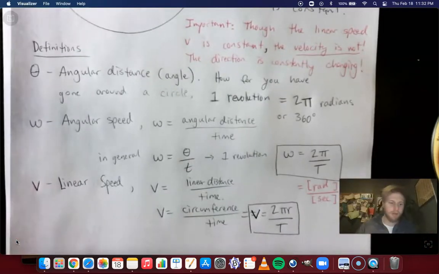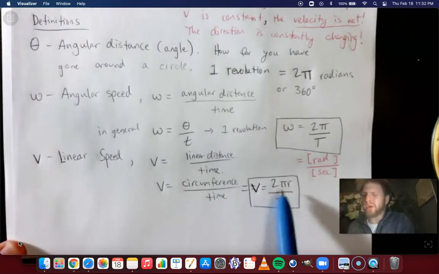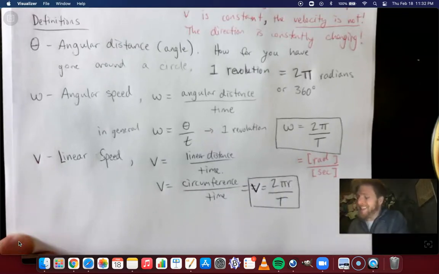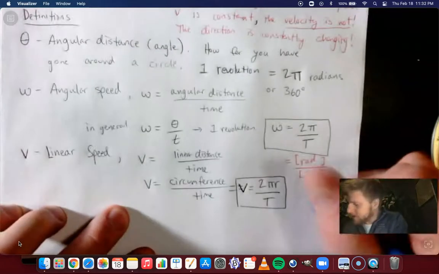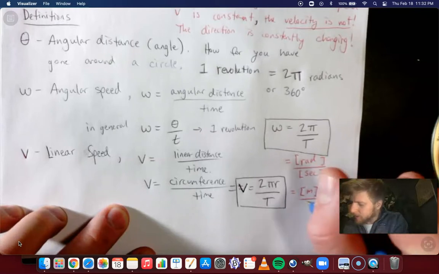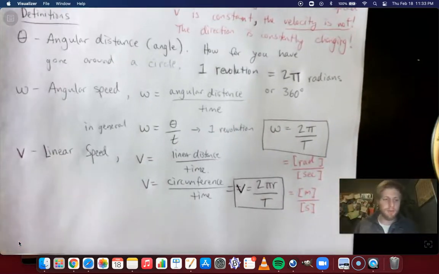Now again, here's where the units come into play. I mentioned we can ignore radians as a unit, so on top we just have meters, r for radius, over T, the period, seconds. So this just ends up being meters per second, which is what we'd expect from any kind of linear speed.